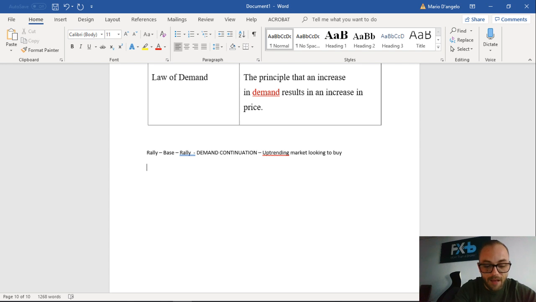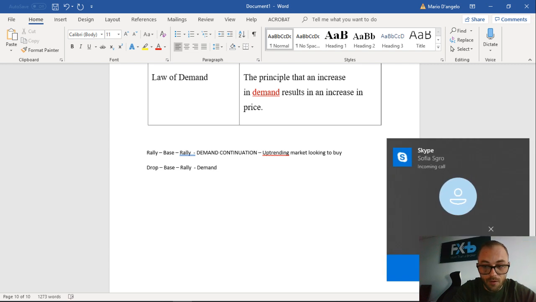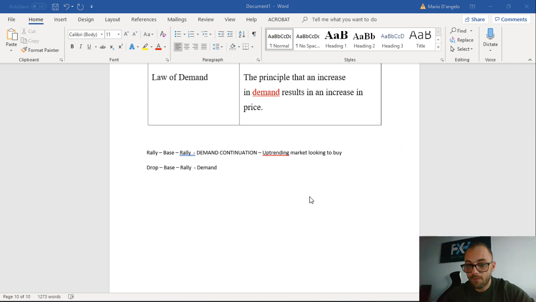Very important. We're talking demand, so drop, base, rally. We are on a higher time frame in a demand reversal, in a downtrending market, looking to buy counter trend. To recap: rally, base, rally, demand continuation, uptrending market, we're looking to buy.